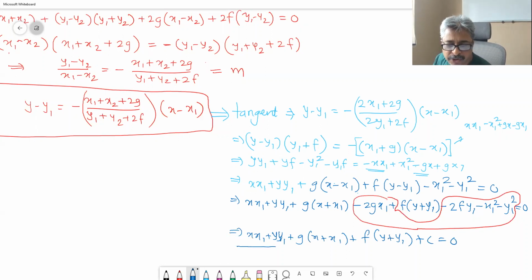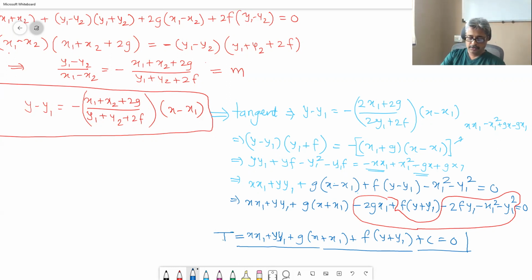That is the equation which we were looking for, of the tangent. That is what is denoted by T is equal to 0. This is T is equal to 0. Okay, finally I could complete the algebra.